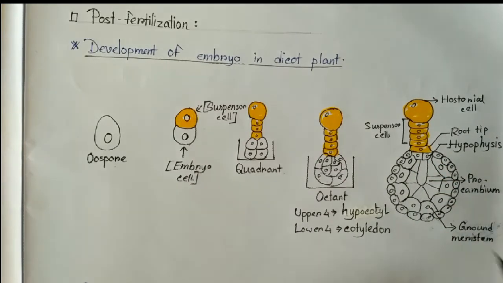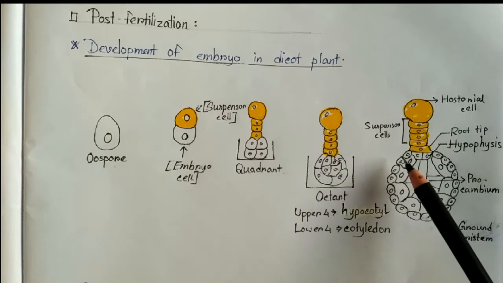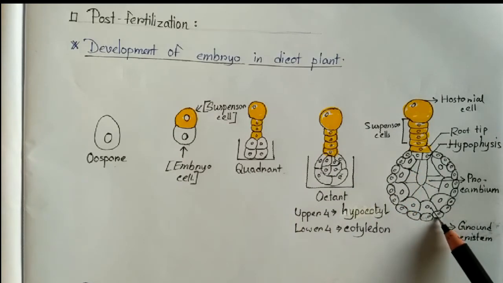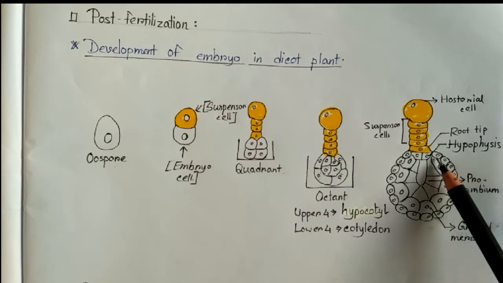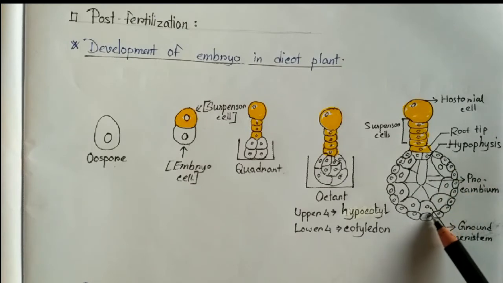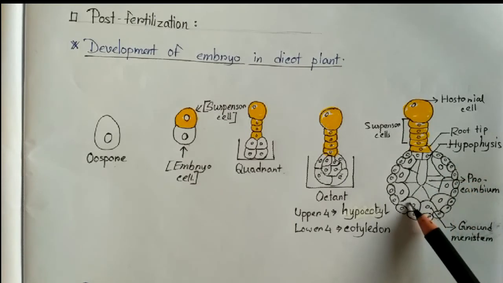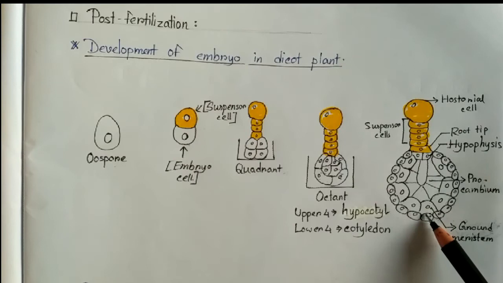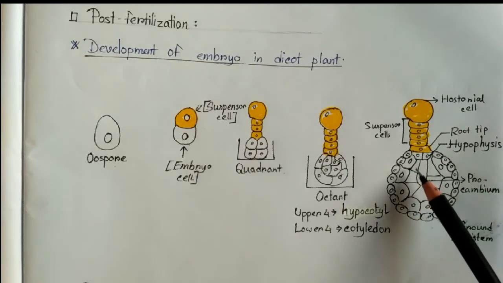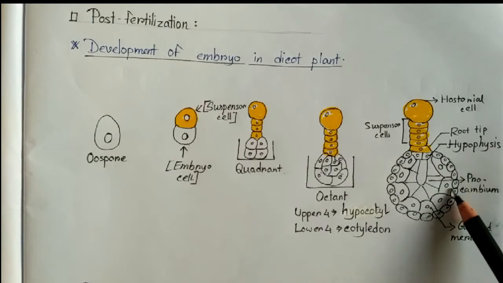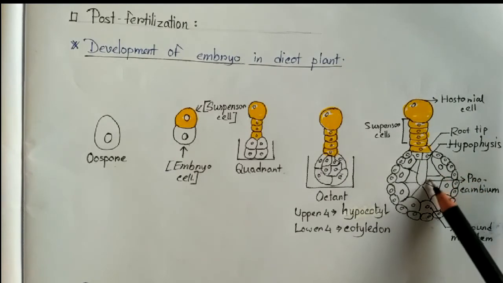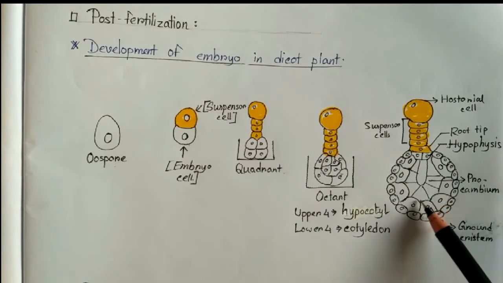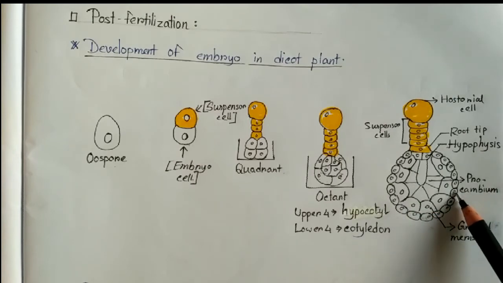After that, the embryo cell goes on to further division. The outer surface of the embryo cell forms the meristem, in which this cell forms the ground meristem, and the inner cells form the procambium.